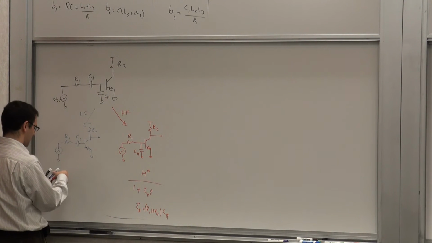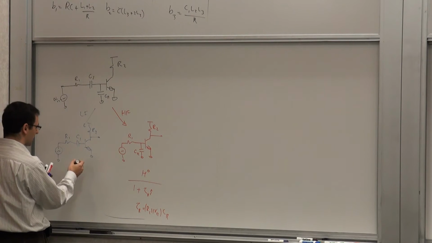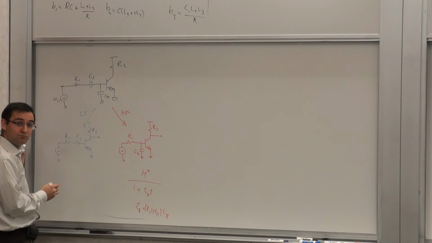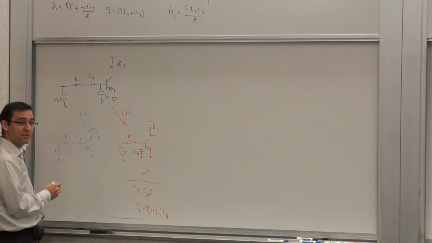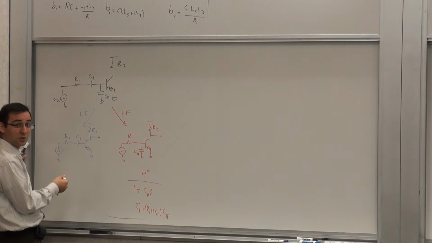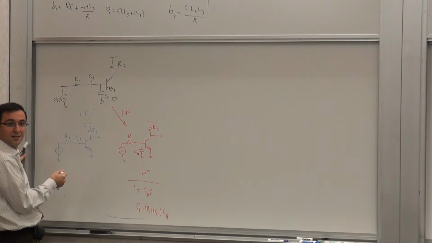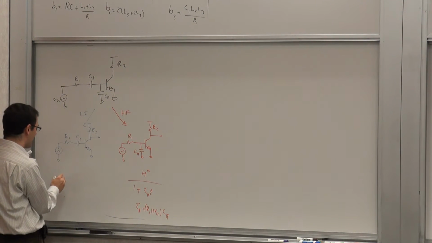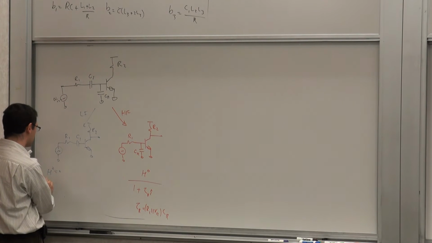And here, I have what? Now, what do I have here? I have a pole. Do I have a 0? Yes, I have a 0, because if I short circuit this, then something goes through. Otherwise, I don't, nothing does. So in this case, H0 is 0.